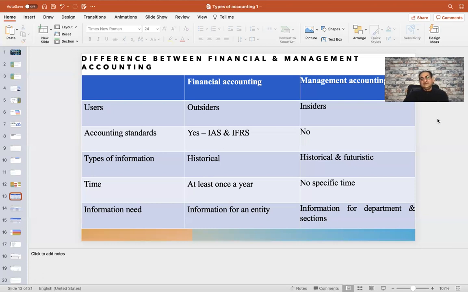While management accounting reports provide information for the departments, for the subunits. Why? Because managers have to plan, control, and take appropriate decisions, so they need information for the small sections of the organization. These are a few differences between financial accounting and management accounting reports.